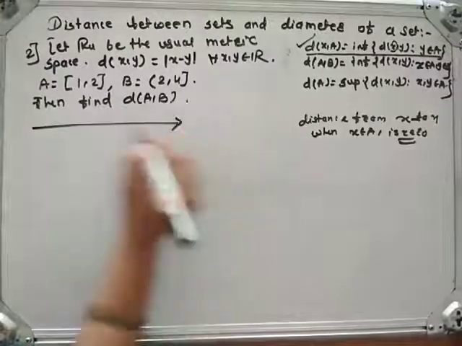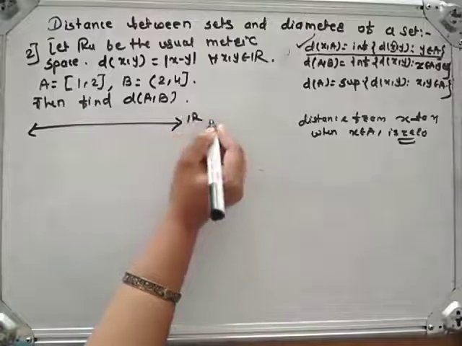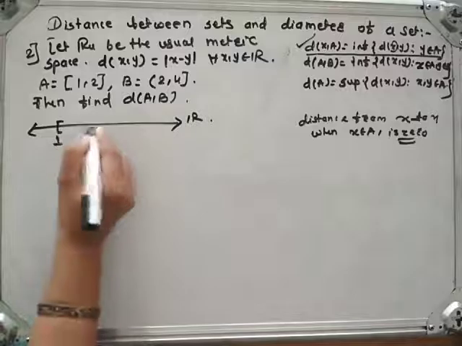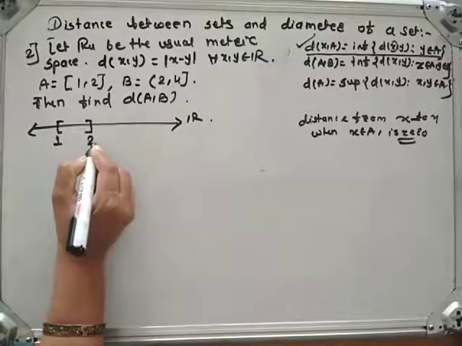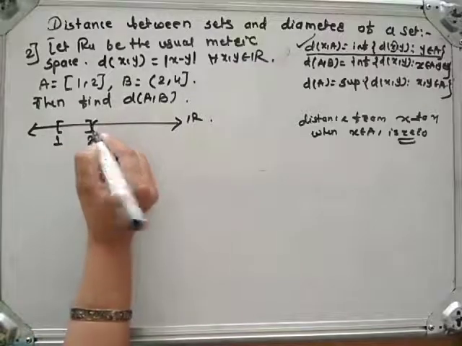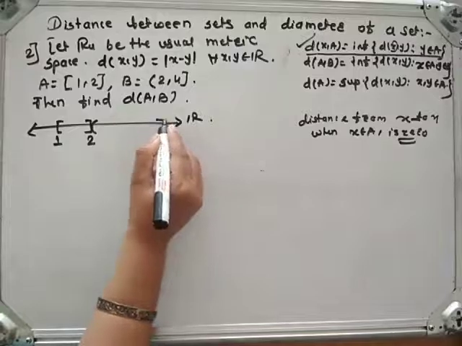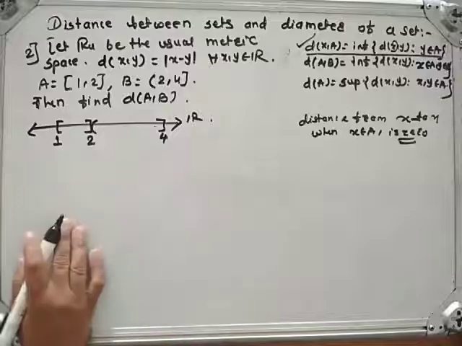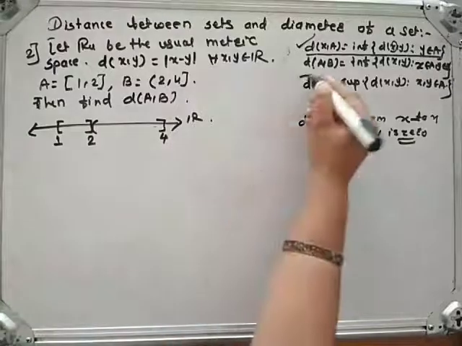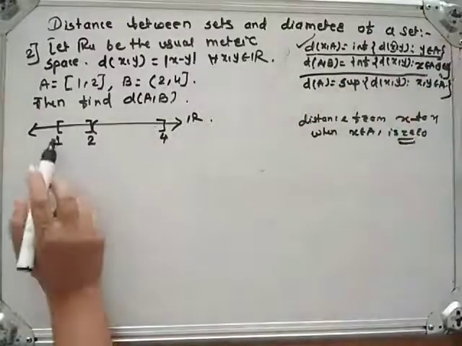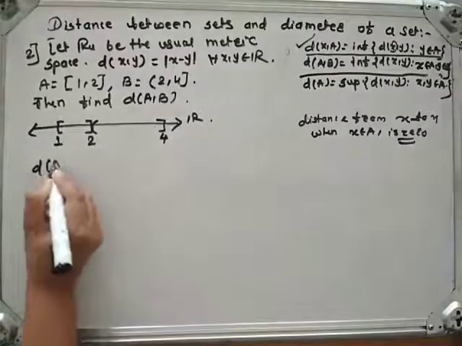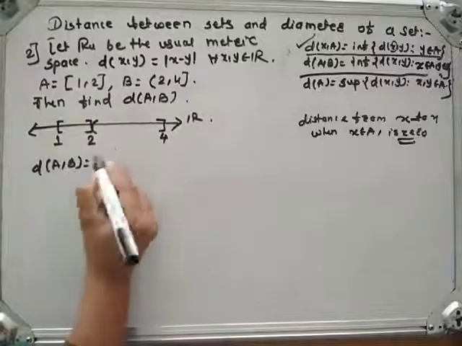Suppose this is the real line R. Here is your closed interval 1 2 and here is your semi-open interval 2 4. What do we have to find? We have to find the distance between sets A and B. What is the definition of the distance between sets A and B?